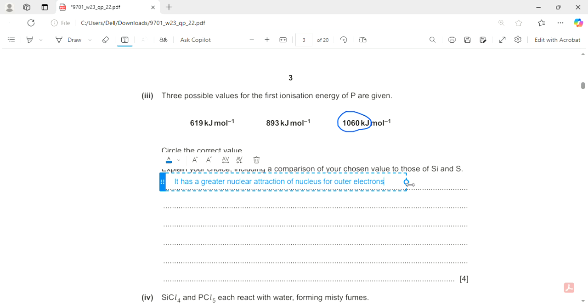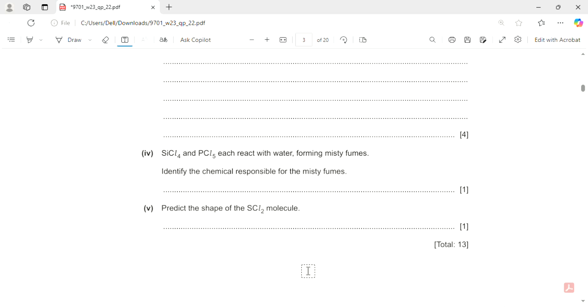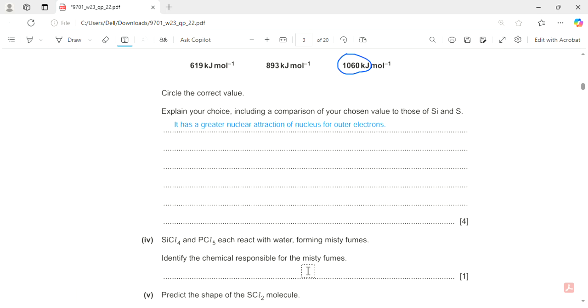Sulfur has two electrons in the 3p orbital, resulting in spin-pair repulsion.